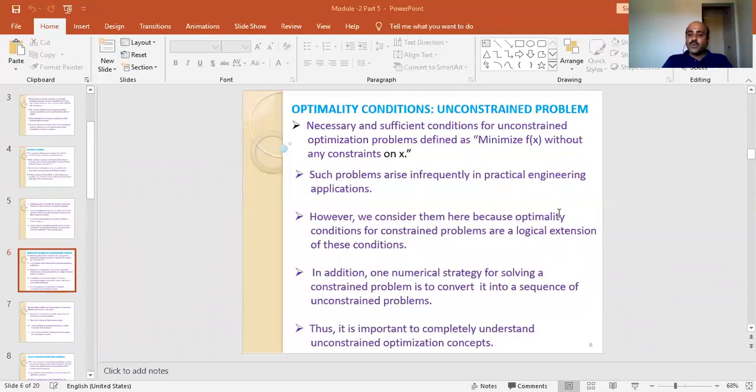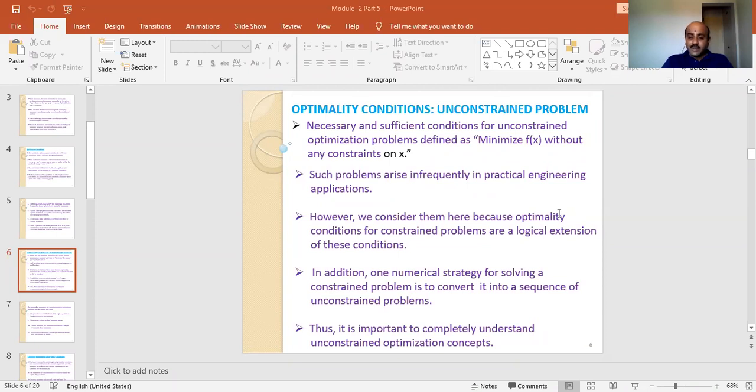Once you know how to get the optimality conditions for unconstrained problems, we can extend it logically, and that will constitute the optimality conditions for a constrained problem. Therefore, first let us understand what the optimality conditions for unconstrained problems are. Later on, we will just extend it to a constrained problem.